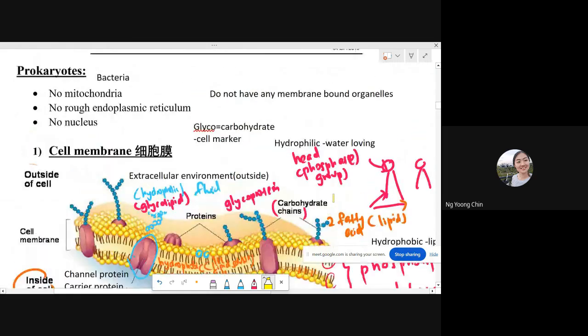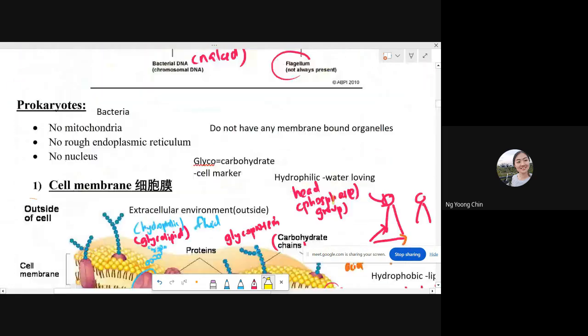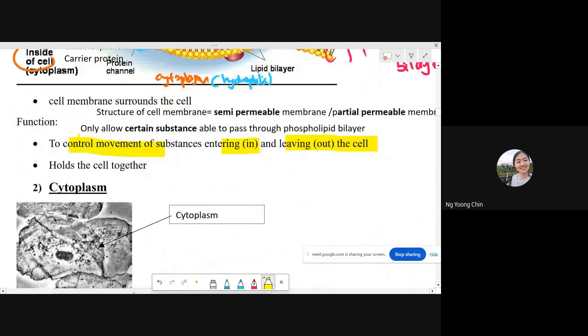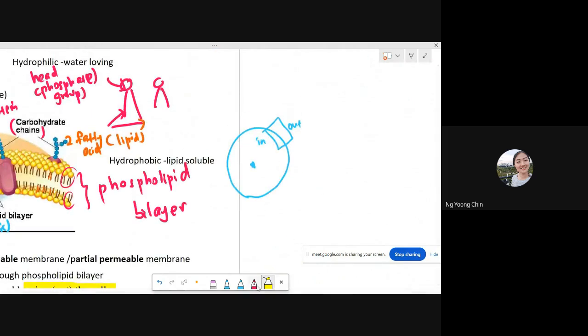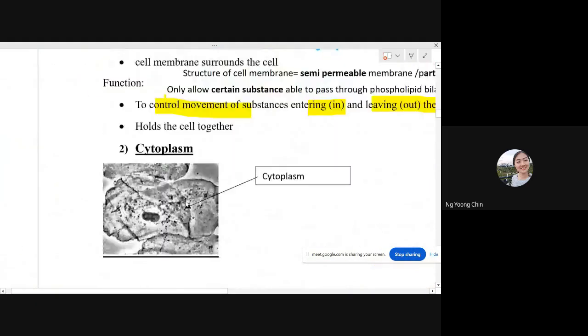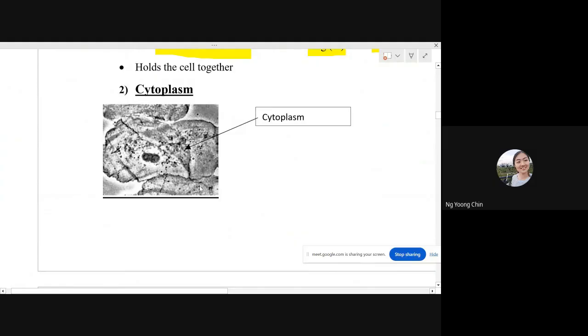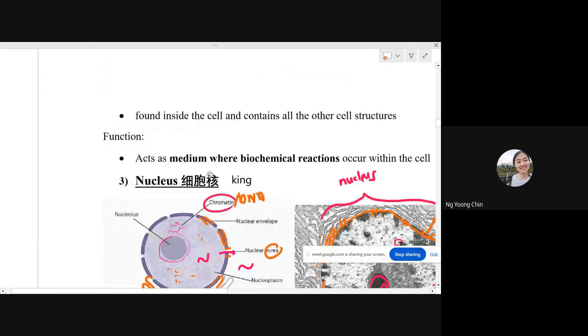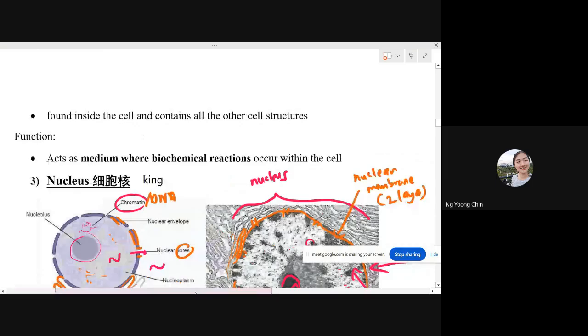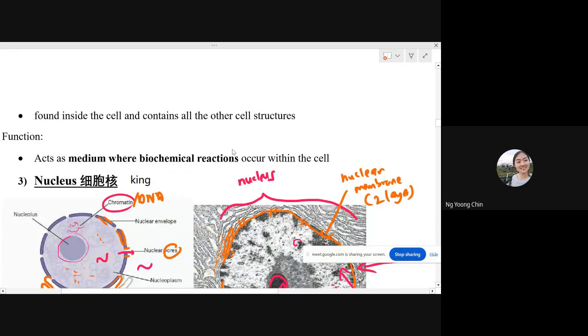And then when we talk about the cytoplasm, the cytoplasm is found inside the cell here. Those are the cytoplasm. It is just a medium found inside the cell, because the cytoplasm allows a lot of biochemical reactions to occur within the cell.